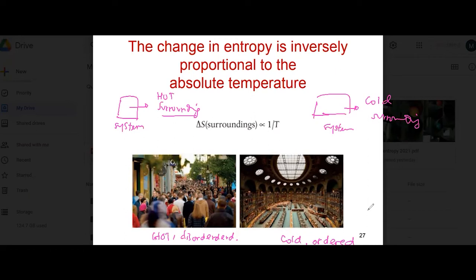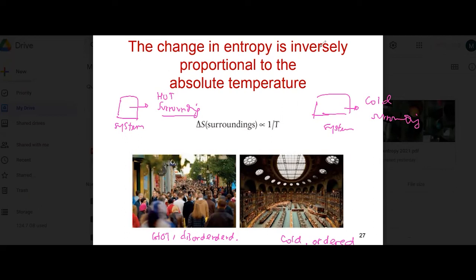So if the temperature is already hot or high, then the delta S surroundings will be small. But if it is cold, the delta S surroundings will be high. So it is inversely proportional to the temperature.